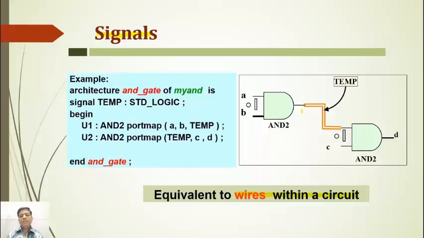The first AND gate output is provided to the second AND gate as one of the input terminals. So that first output is temporary, and we can define that as a temp signal.